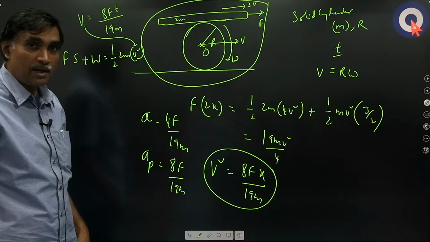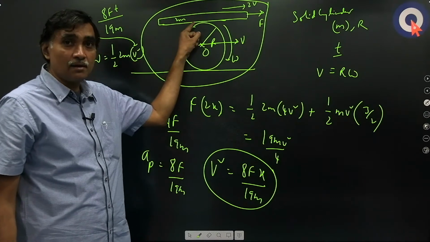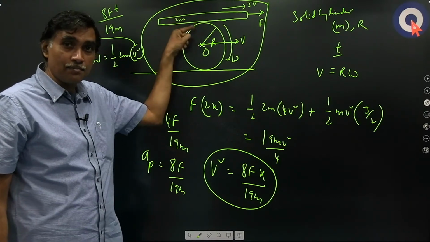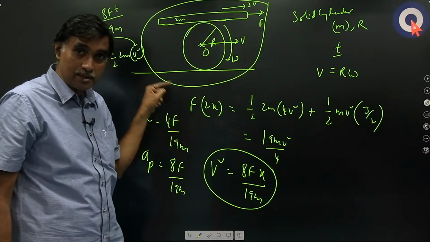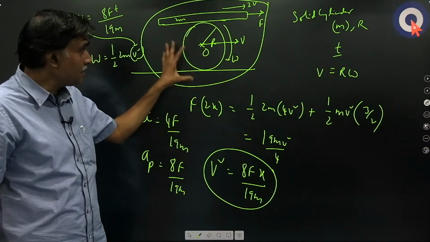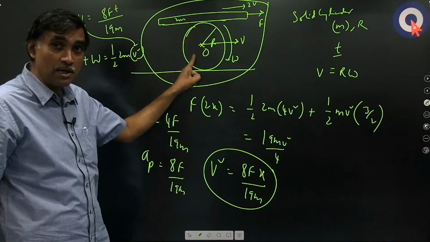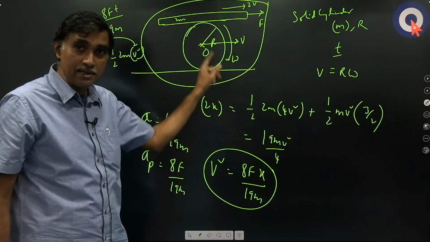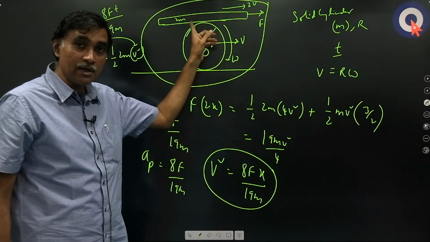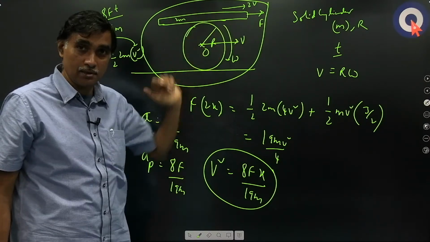Actually, the friction here won't do work on the system, and the friction here is not at all doing work because it is rolling on a fixed horizontal surface. So directly, the work done by friction is equal to the change in kinetic energy of the cylinder. The only force doing work on the cylinder is this friction, and the work it does on the plank is the negative of that.